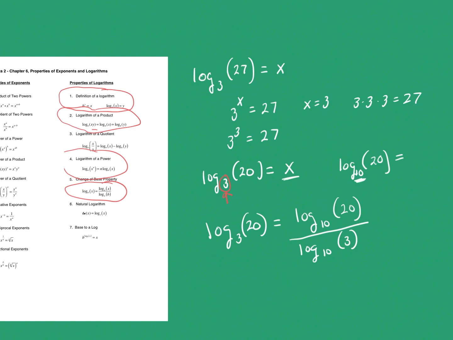So these two bases are the same, and this you can do in your calculator. And whatever base you're going to change to 10 goes here. This is a really nice property because you can put this into your calculator, since your calculator will do log 10.